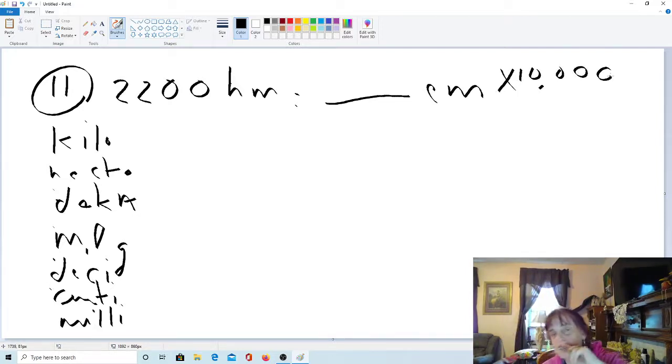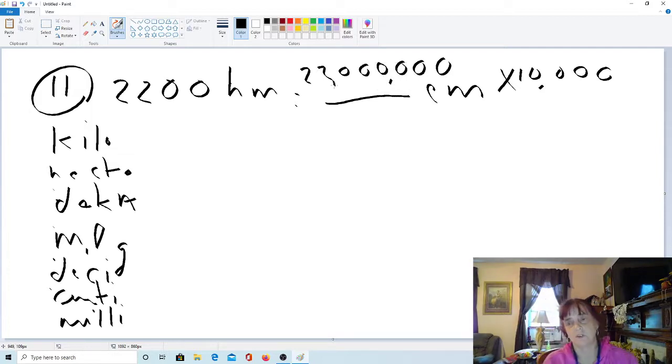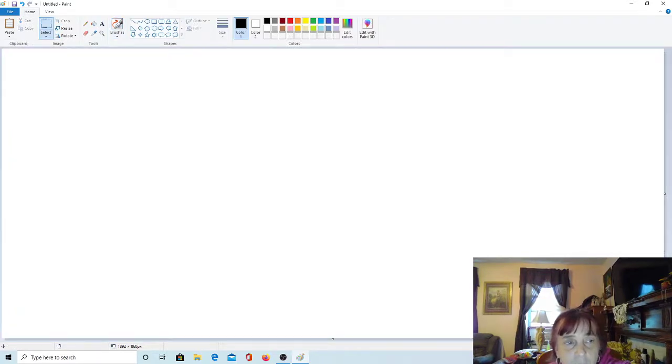So it's 4 places to the right. So you have 2200. You add 1, 2, 3, 4, 22 million centimeters.